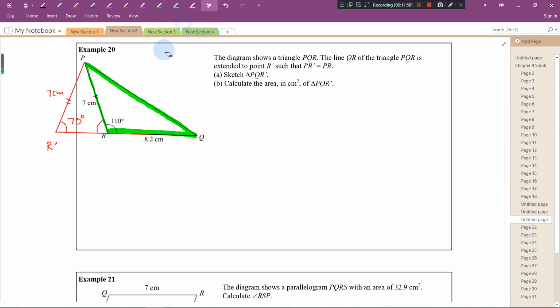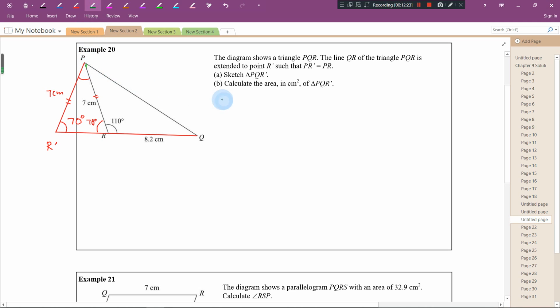Okay, so how do we get the area of this isosceles triangle? This is 70, here will be 70 as well. If this is 70 and this is 70, the total will be 140. The sum of the interior angles of a triangle will always be equal to 180 degrees.